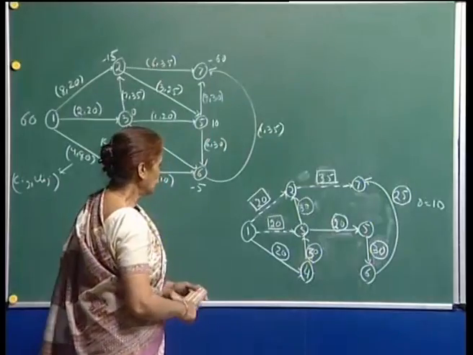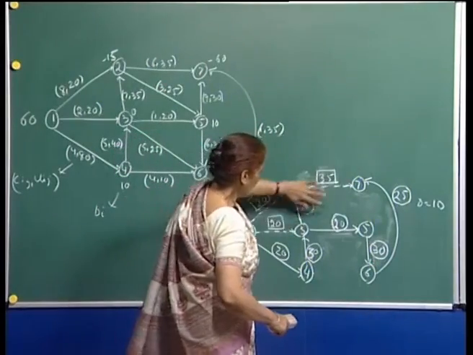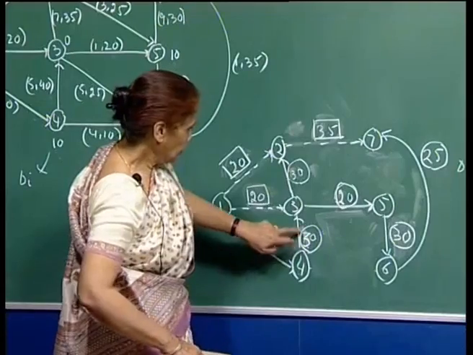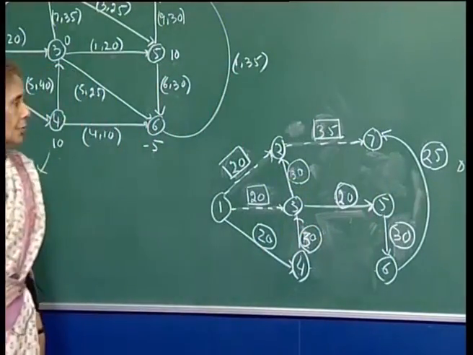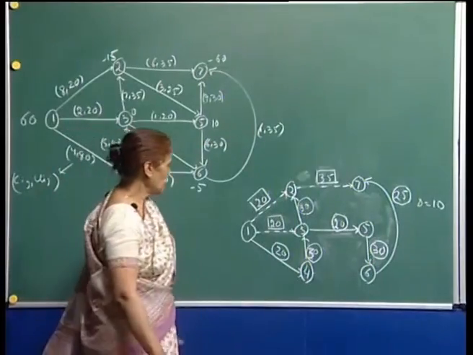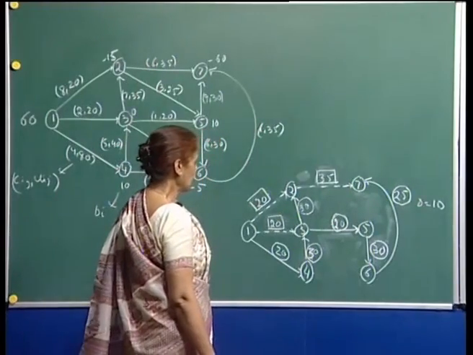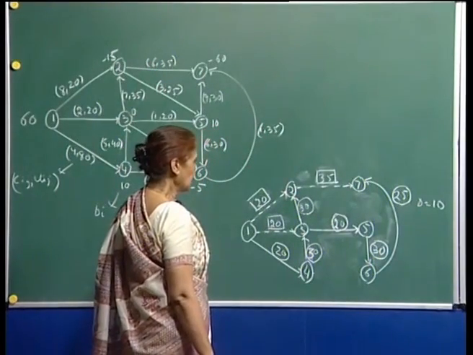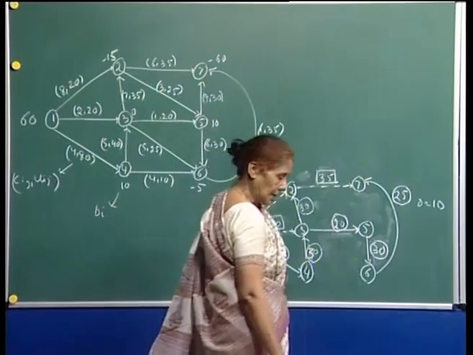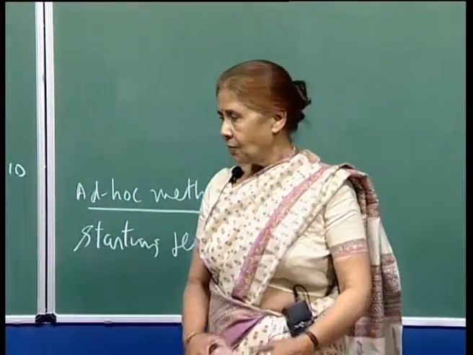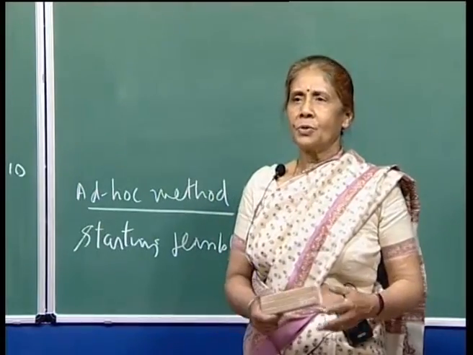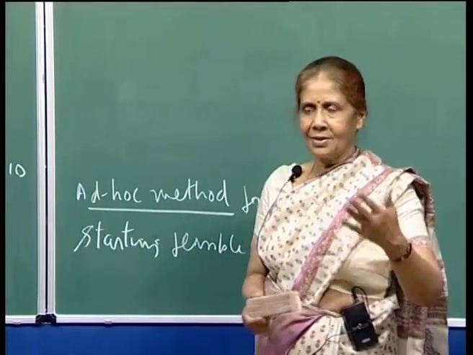So, you see, if you remove these arcs, then you have 1, 2, 3, 4, 5, 6 arcs, they form your spanning tree, and this gives you a starting feasible solution. Okay. So, this is an ad hoc method, and one can do it, but mostly the software that is developed for min cost flow problems programs phase 1, because it is easier to program.